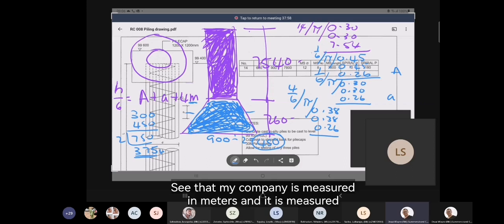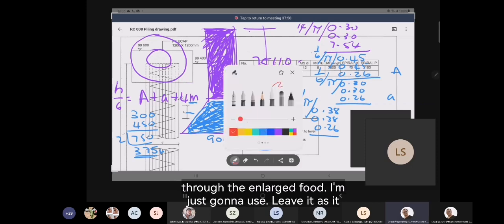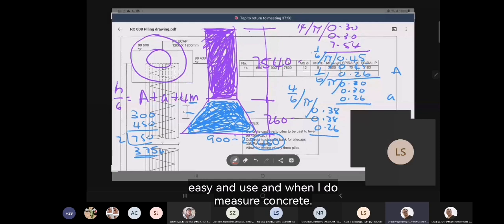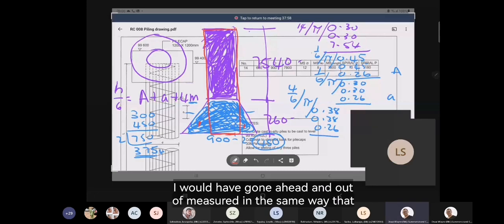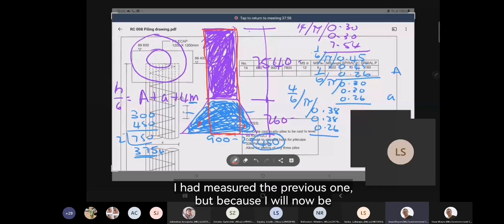Say that my concrete is measured in meters, and it is measured through the enlarged foot. I'm just going to leave it as it is there, and when I do measure the concrete, I will now measure this. If I had to measure this and that in volume, I would have measured in the same way that I had measured the previous one.